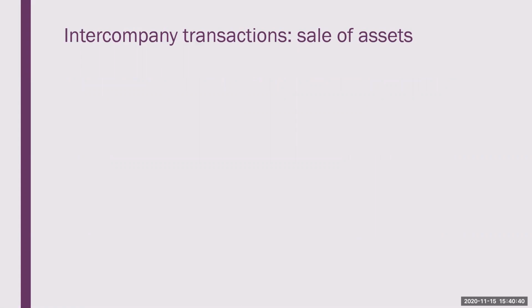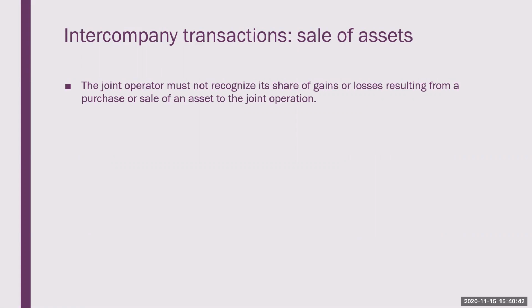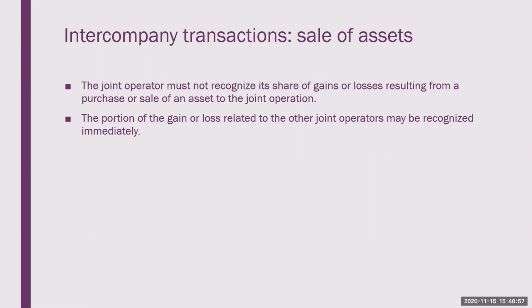Intercompany transactions, if there are sales of assets, the joint operator must not recognize its share of gains or losses resulting from the purchase or sale of an asset to the joint operation. This is similar to what we had done for joint ventures as well. The portion of the gain or loss related to the other joint operators may be recognized immediately. That is similar to how we had dealt with this matter for joint ventures as well.